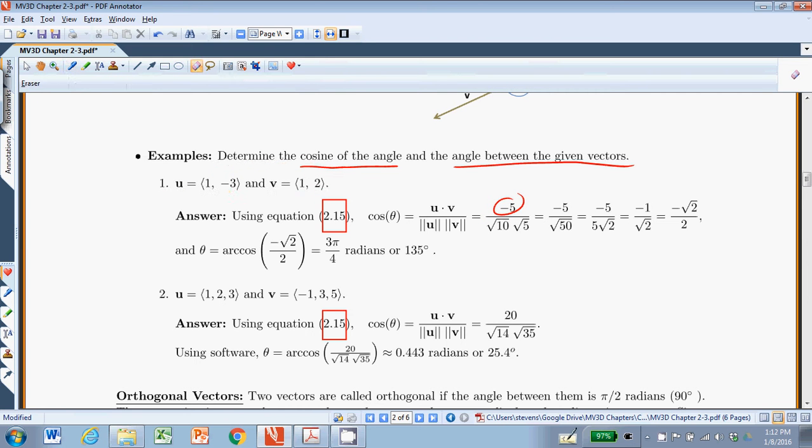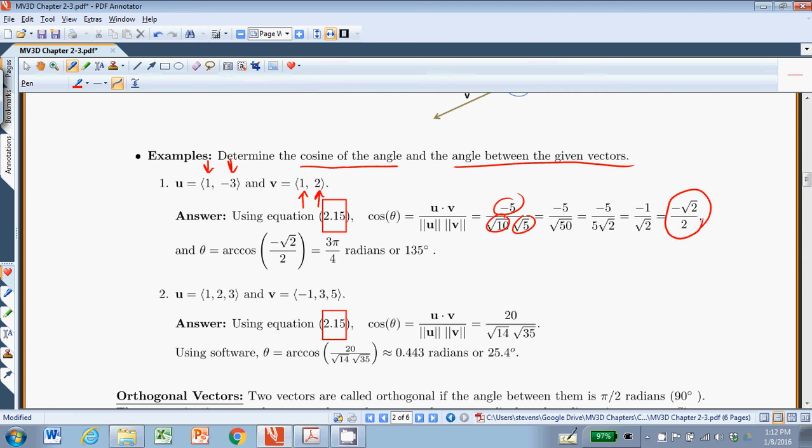The size of u is just the square root of 1 plus 9, so it's the square root of 10. The size of v is just the square root of 1 plus 4, so it's the square root of 5. I do a little simplifying, and I get negative root 2 over 2.